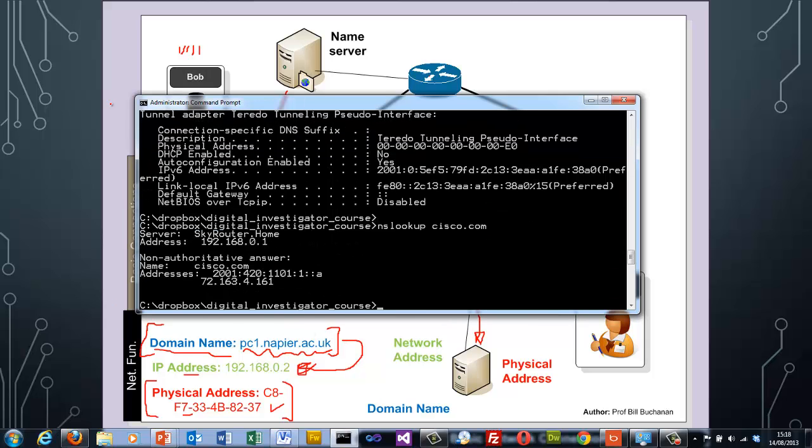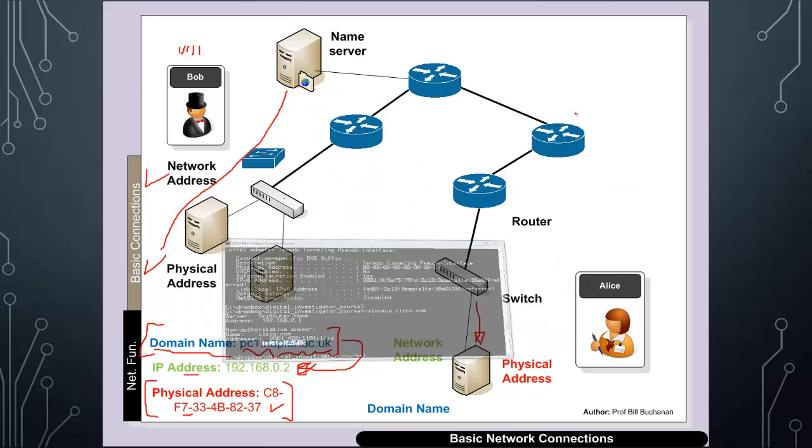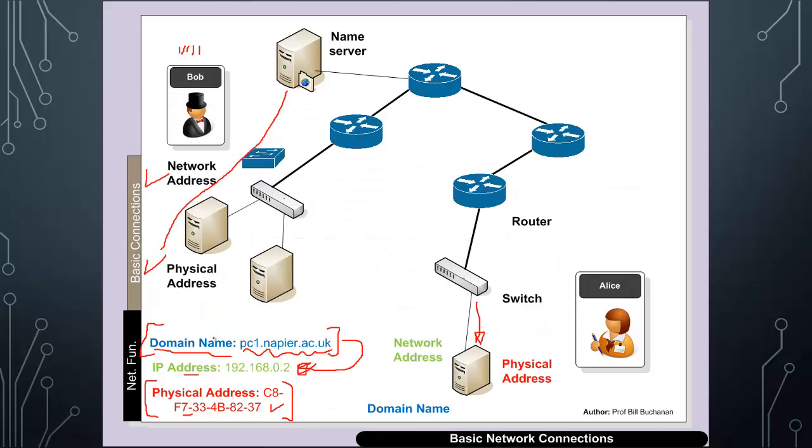So whenever we access a website such as cisco.com, our browser does a lookup, finds out the IP address, and then uses that IP address to connect with the remote device. The name server is another key important principle that we have inside the internet.